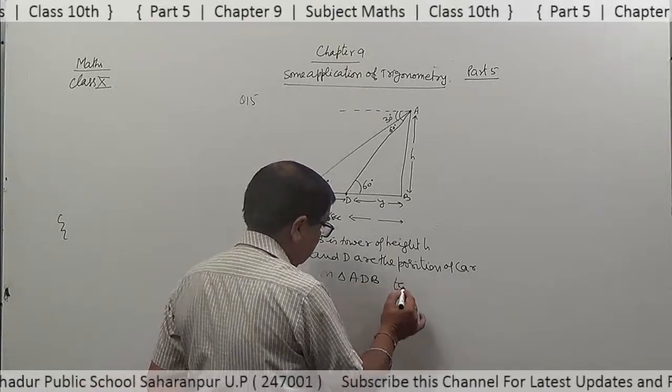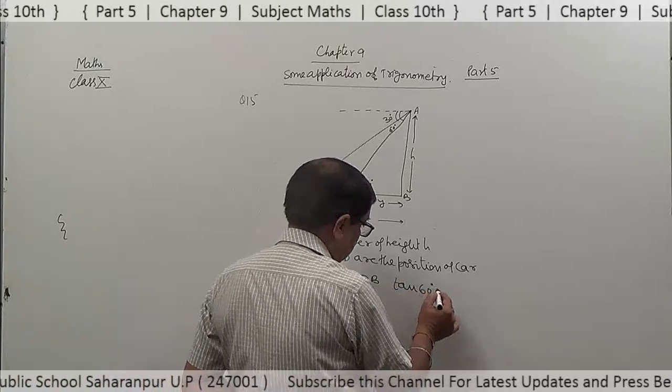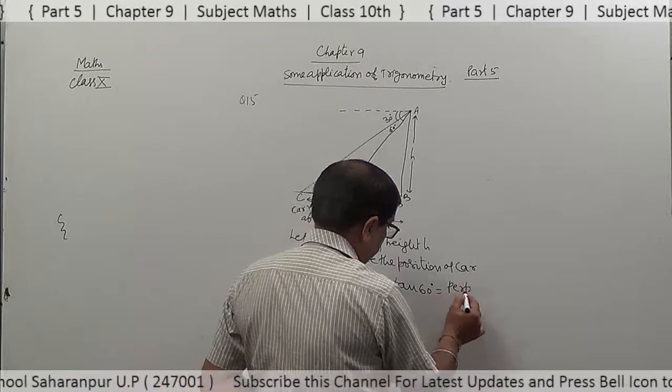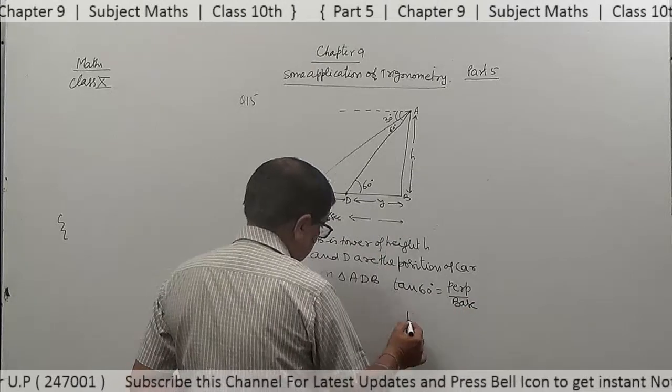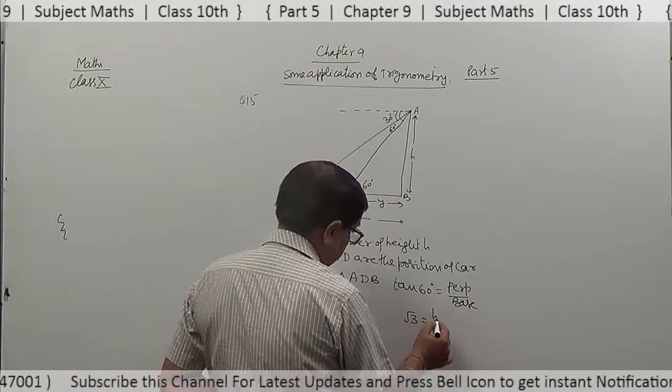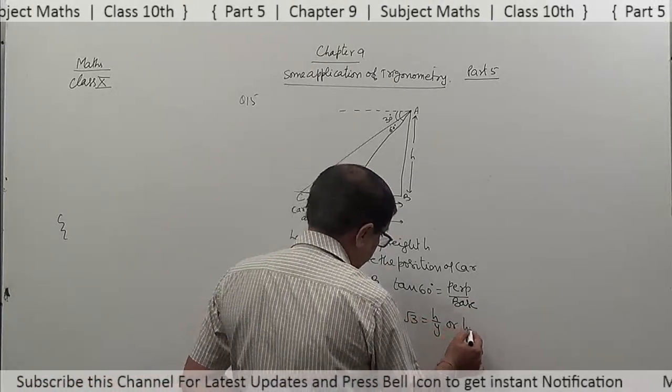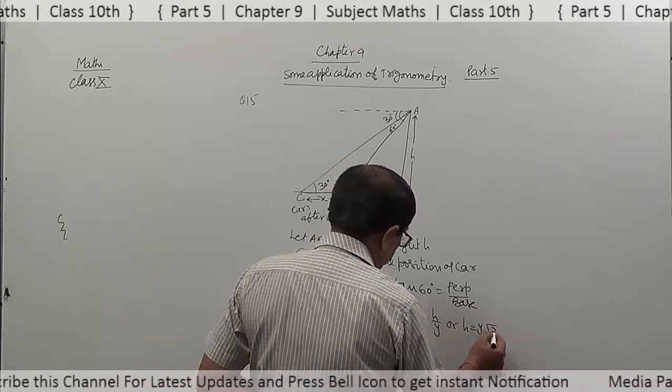tan 60 is perpendicular upon base, root 3 is h upon y, or h is equal to y root 3.